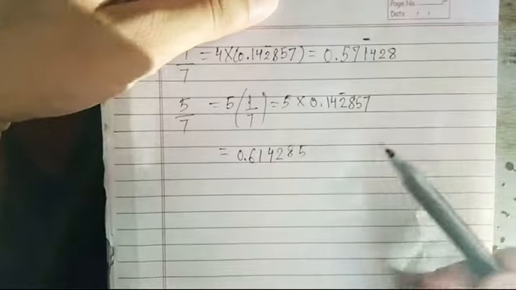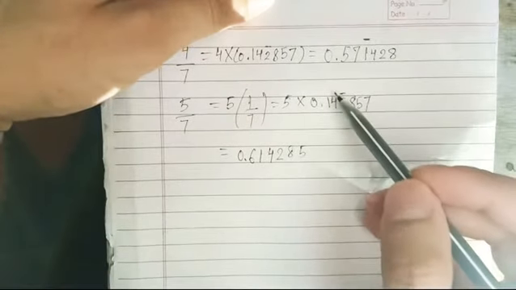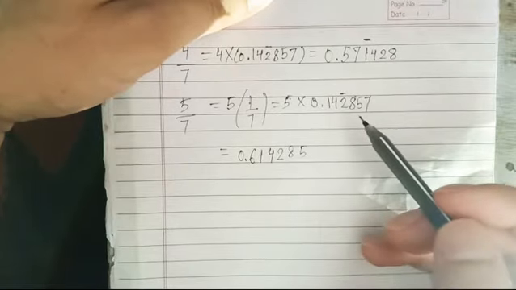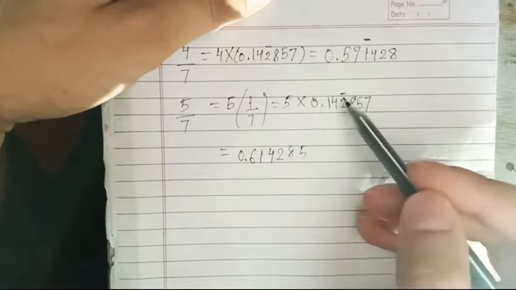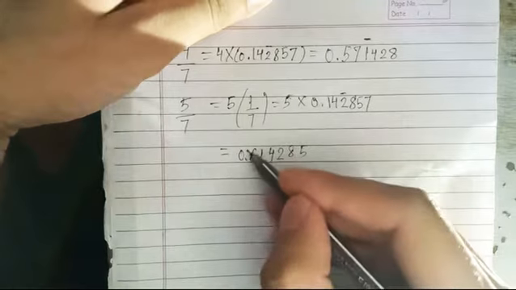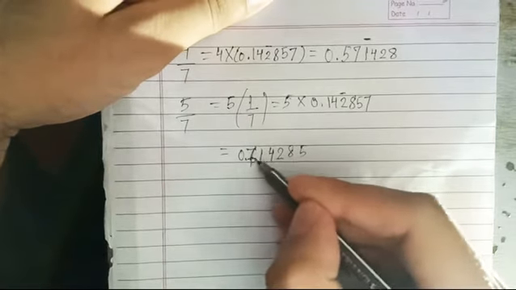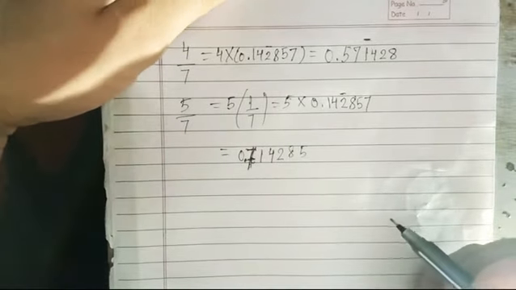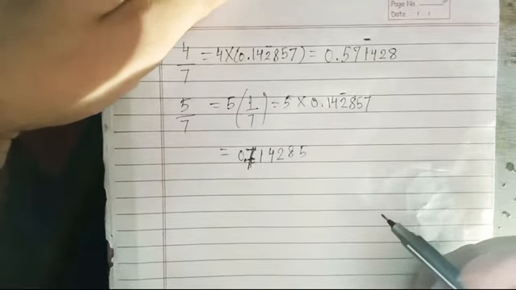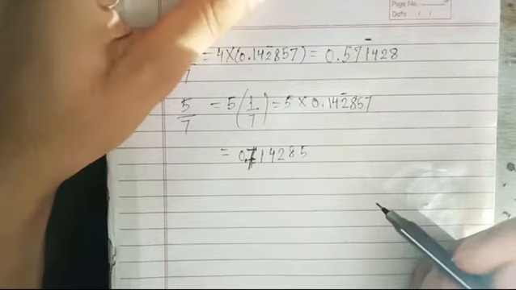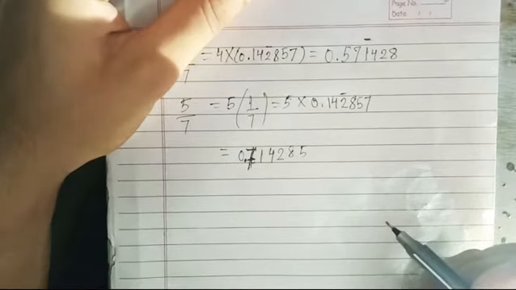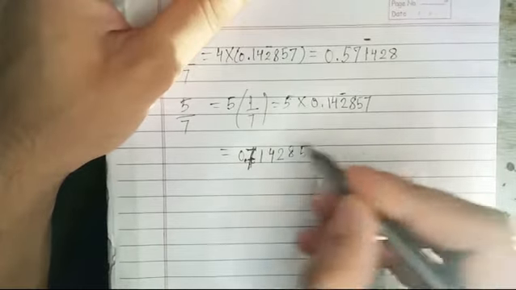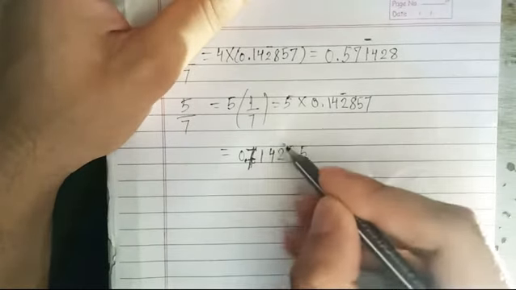And 2 will carry on 1. 5 1s are 5 plus 2, 7. Over here 7 will be there. So 0.71425, and bar over here on 4.